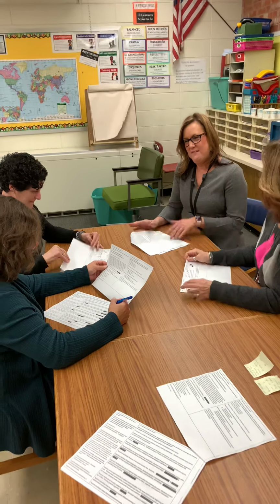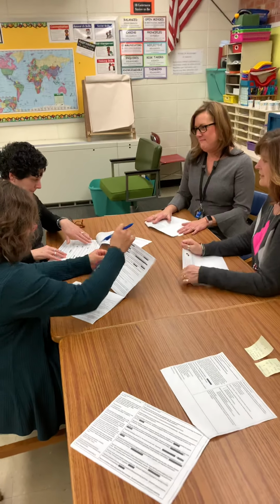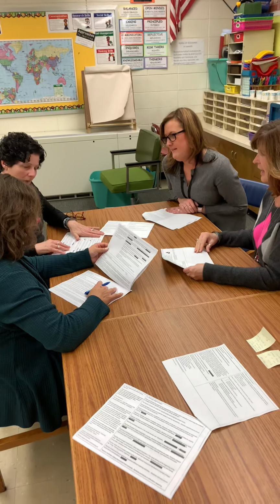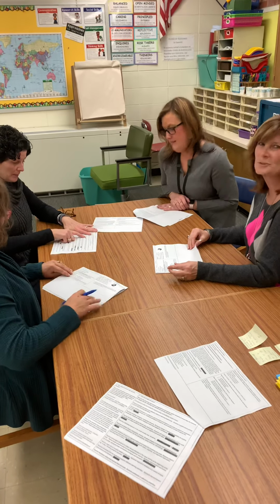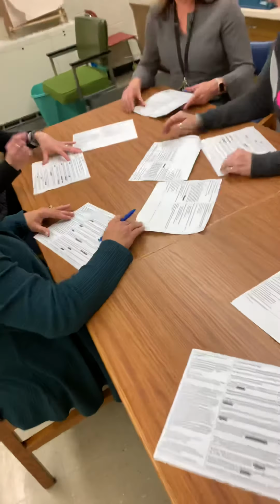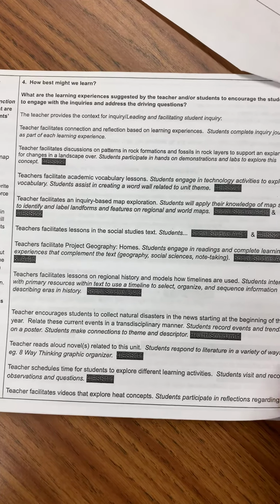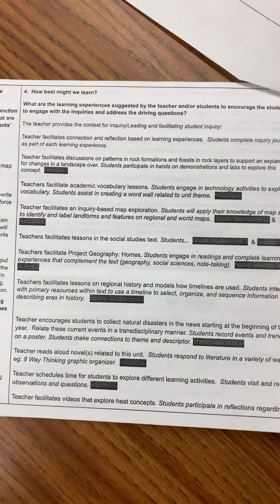What's your favorite part of our IB planners and units? Teamwork. In the area when we talk about what the teacher's going to do and what the students are going to do, that it's very explicit. It lays it out. It's not just like, here's a standard and you guys have to do something to address the standard.